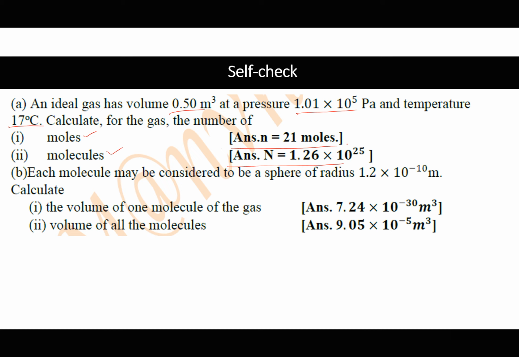Each molecule may be considered to be a sphere of this radius. Calculate the volume of one molecule and the volume of all the molecules. In addition to this, you're going to find the kinetic energy of a molecule of this gas.